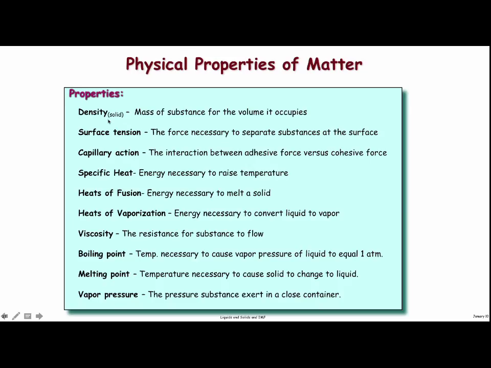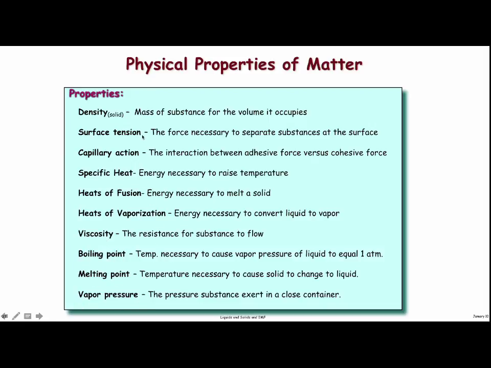Well, density-wise, which is the mass of a substance for the volume it occupies, we're going to look at these properties: surface tension, capillary action, specific heat, heats of vaporization, heats of fusion, viscosity, boiling point, melting point, and vapor pressure.